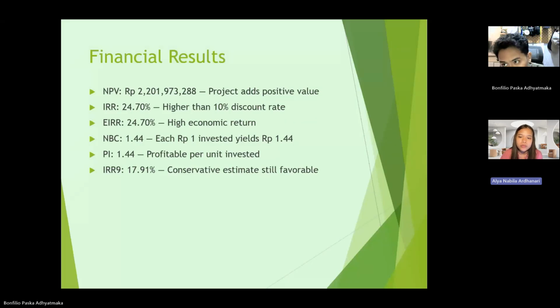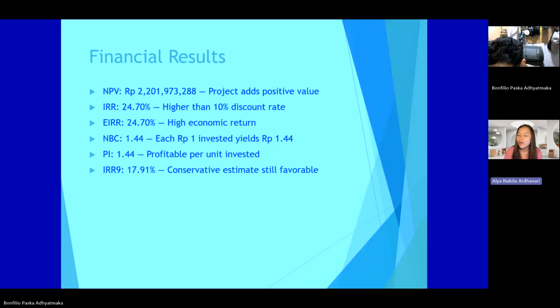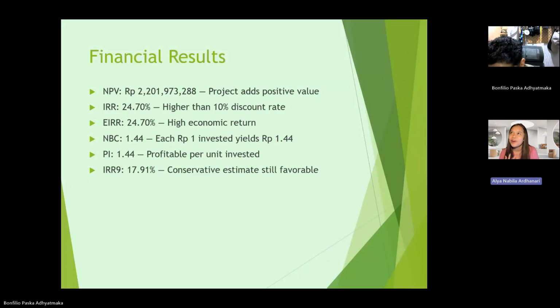Moving on to the net benefit cost ratio, or NBC. This is calculated by dividing the present value of benefits, about 7.2 billion, by the project cost of 5 billion. The result is 1.44, meaning that every rupiah invested yields 1.44 in return.